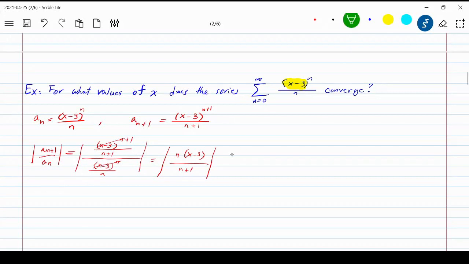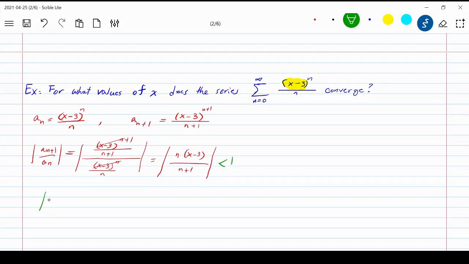And we know now that if this is less than 1, then we have convergence. This is the case: if the ratio test gives less than 1 as n approaches infinity, then we have convergence. So let's figure out when this is less than 1.